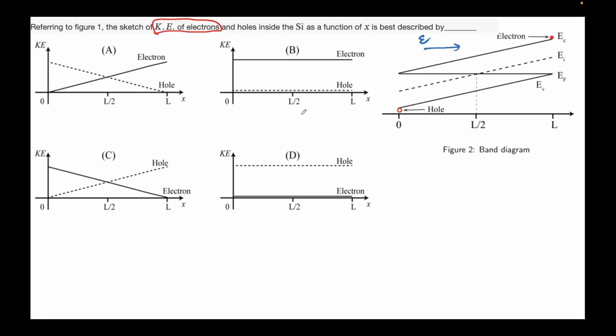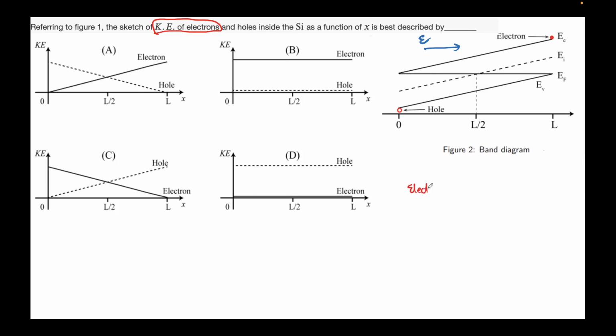Simply assume that the electron will roll down like this. When it reaches this end, it will have some kinetic energy, because the electron is feeling a force in the negative x direction. So the electron will gain kinetic energy by the time it moves from x equal to L to x equal to 0.